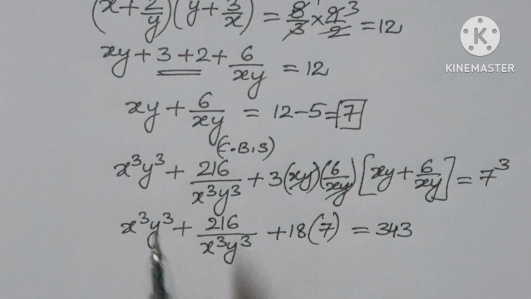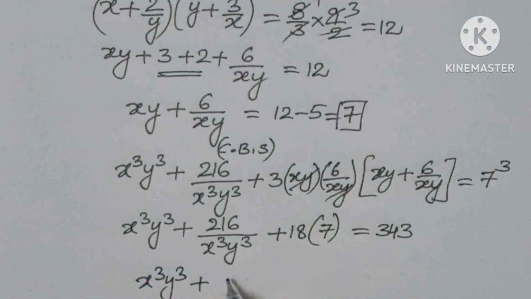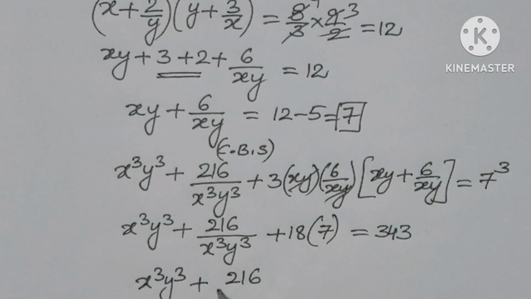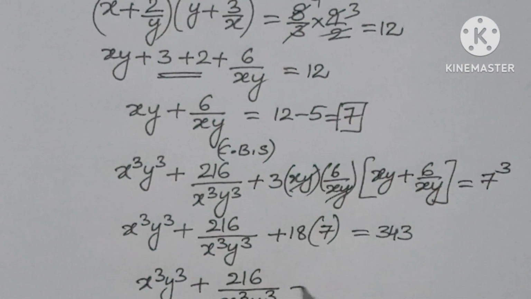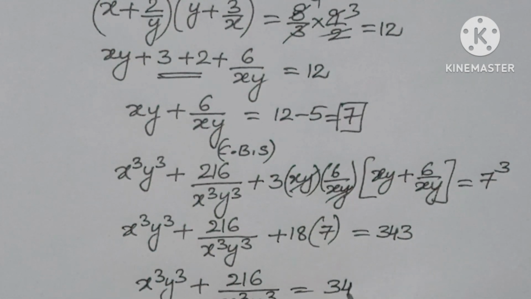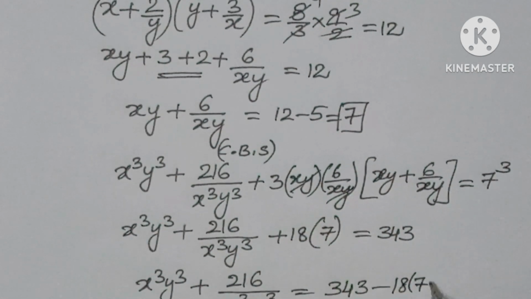So here we'll get x cube y cube plus 216 by x cube y cube is equal to 343 minus 18 into 7.